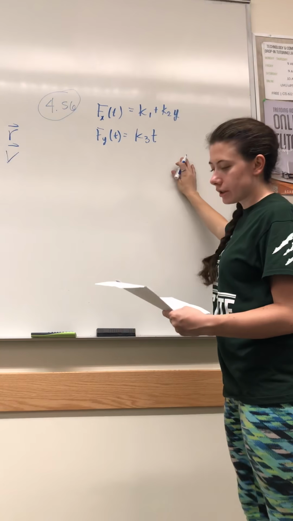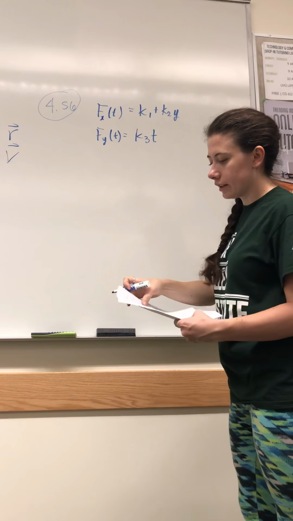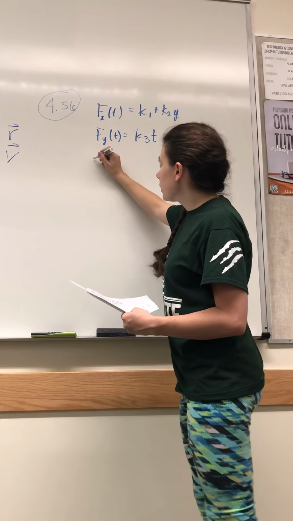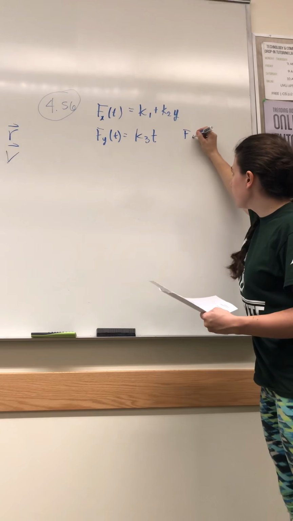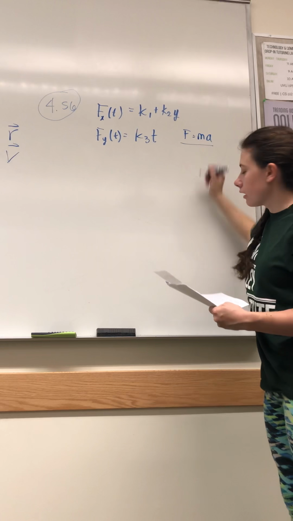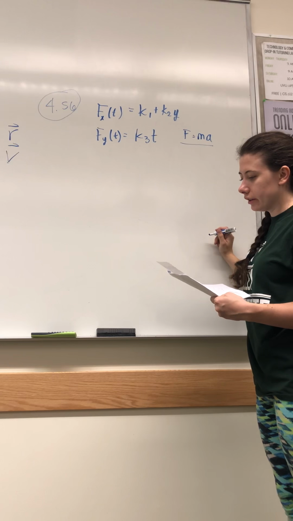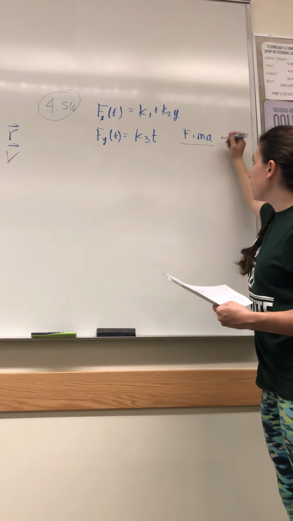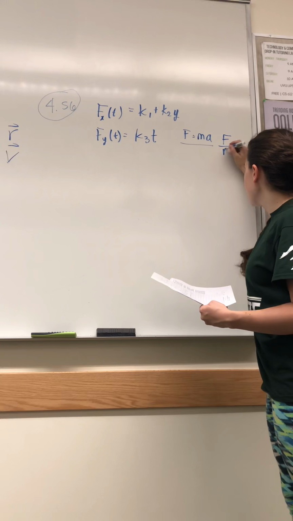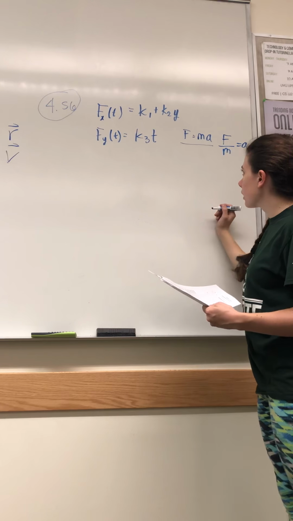So because this is force, we know that force equals mass times acceleration, always. And so we're going to have to take the force divided by mass in order to get the acceleration.